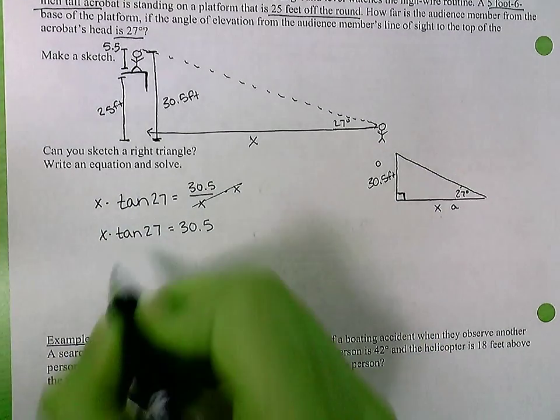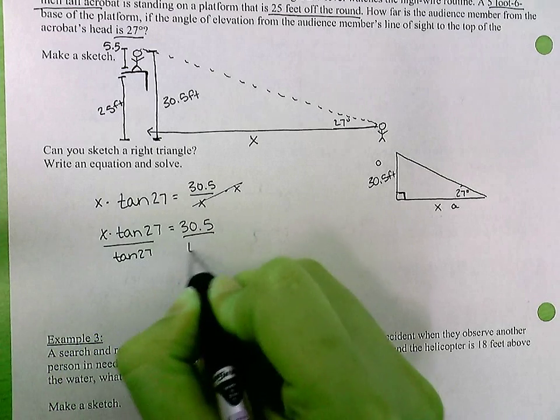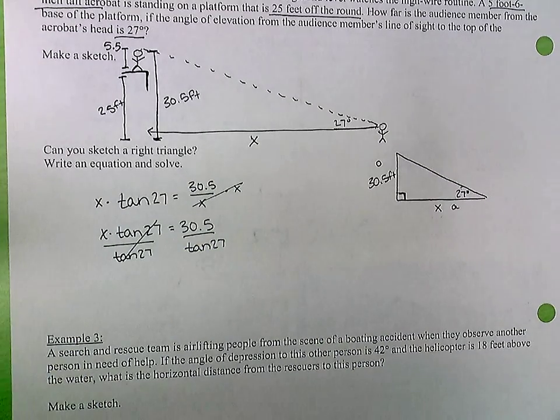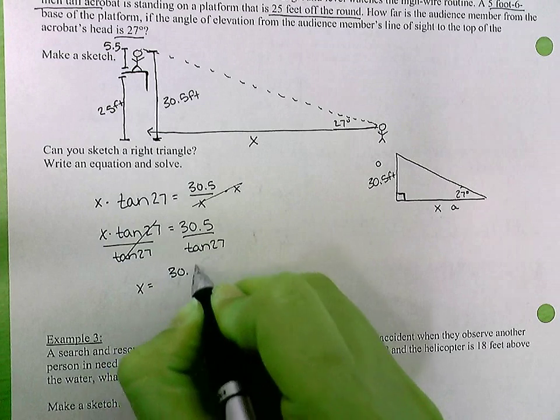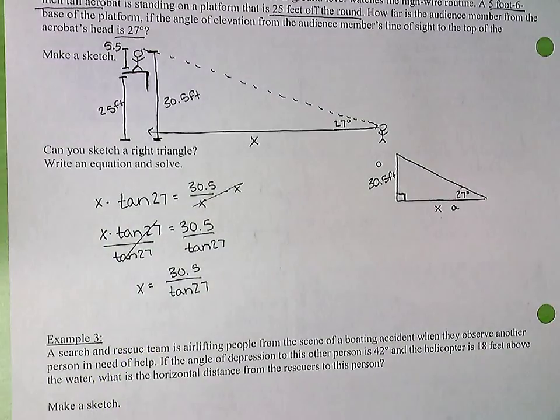I need x by itself, so I'm going to divide both sides by tangent of 27. They cancel out on that left-hand side. So we have x is equal to 30.5 over tangent of 27. And you can enter that into your calculator.